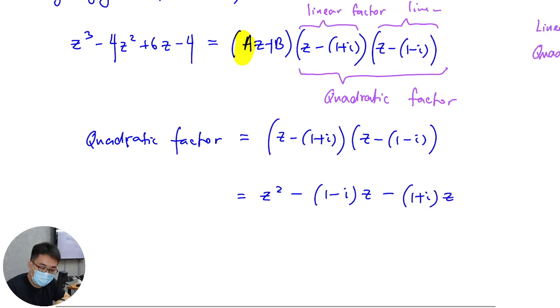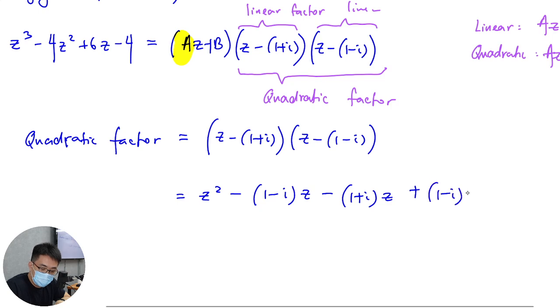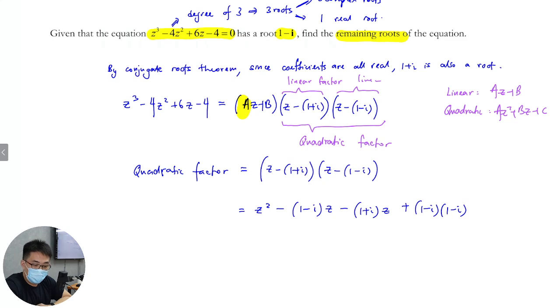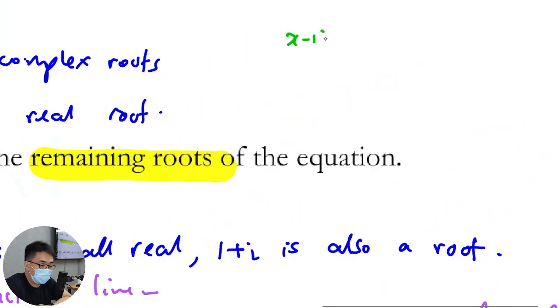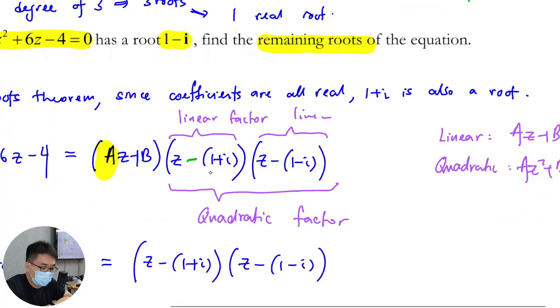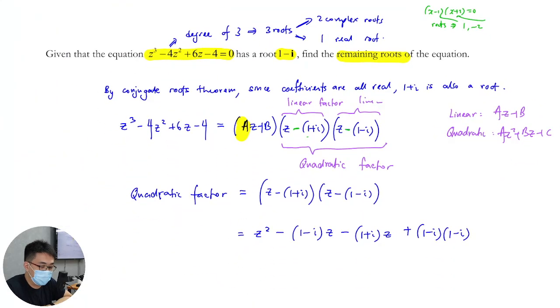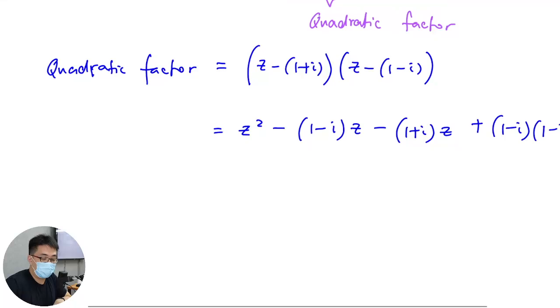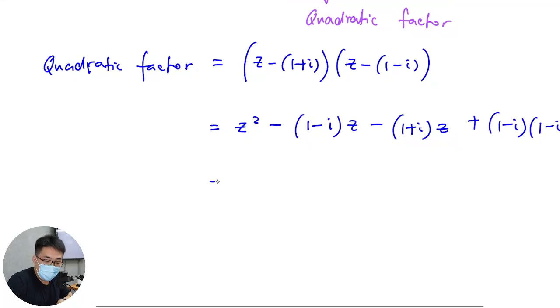Any question, please ask. Because if x minus 1 and x plus 2 equals 0, then the roots are 1 and -2, right? So similarly, these are the factors. You put a minus the root. It's all the same. So make sure you understand this part. This is secondary school stuff.